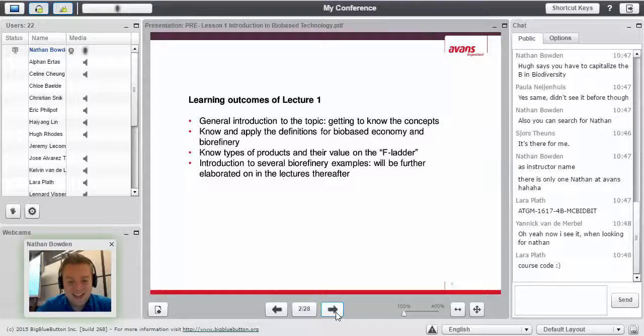You'll see what that is. It's just more detailed. An introduction to several biorefinery examples, and this will be further elaborated in much more detail in the lectures in the next week.